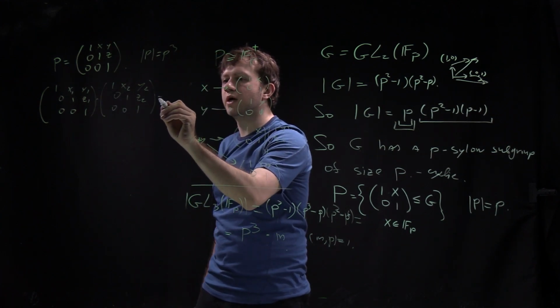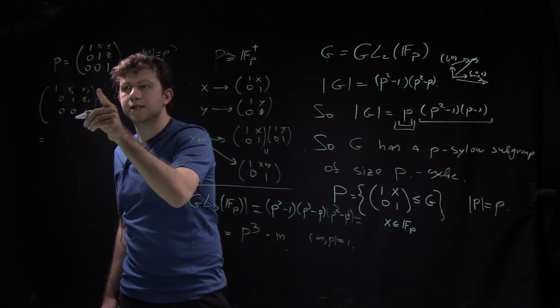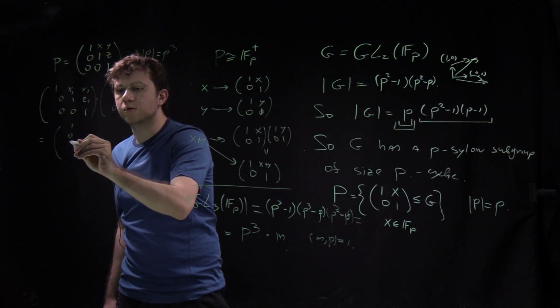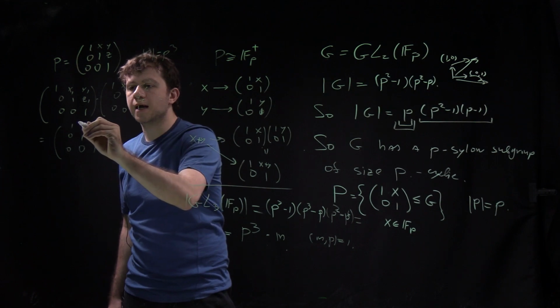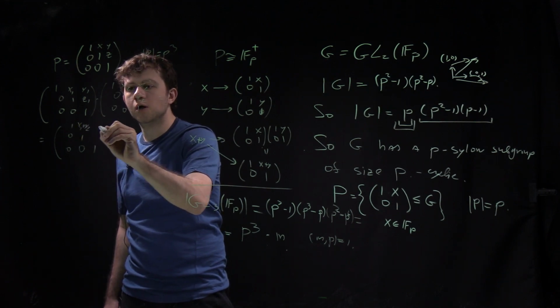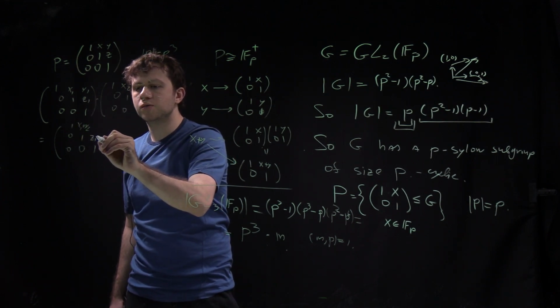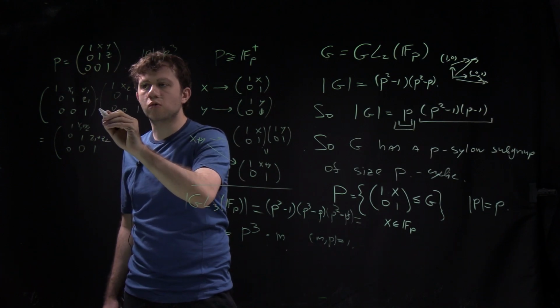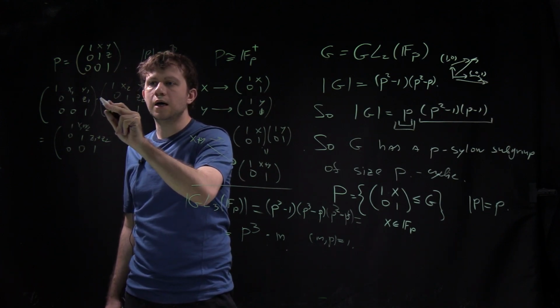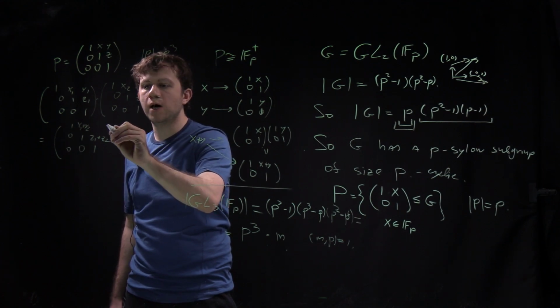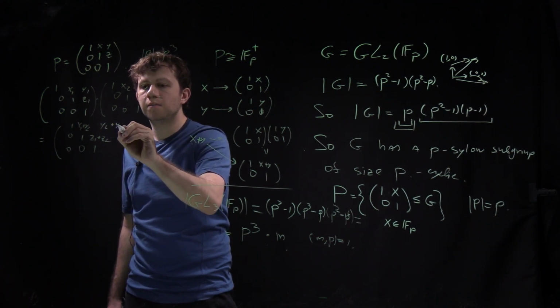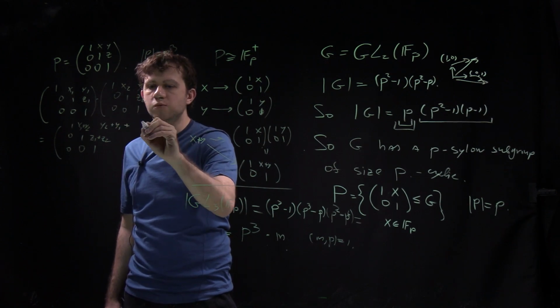because if you multiply them, then you will get 1, 0, 0, 1, 1, 0, and then x1 plus x2, z1 plus z2, and finally something more complicated, y2 plus y1 plus x1 z2 in the top corner.